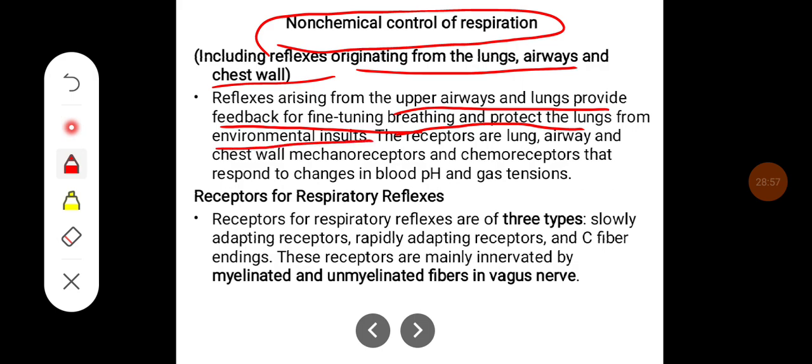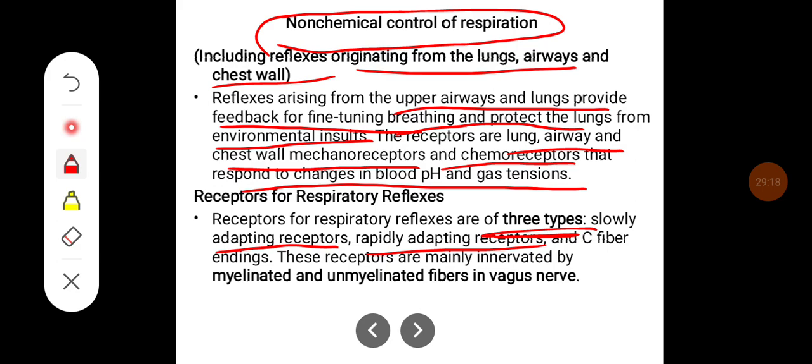The receptors in the lung, airway, and chest wall are mechanoreceptors and chemoreceptors that respond to changes in blood pH and gas tensions. Receptors for respiratory reflexes are of three types: slowly adapting receptors, rapidly adapting receptors, and C fiber endings. These receptors are mainly innervated by myelinated and unmyelinated fibers in the vagus nerve.